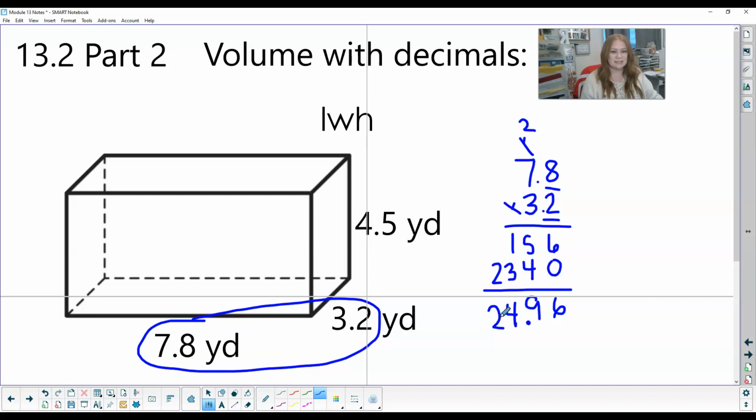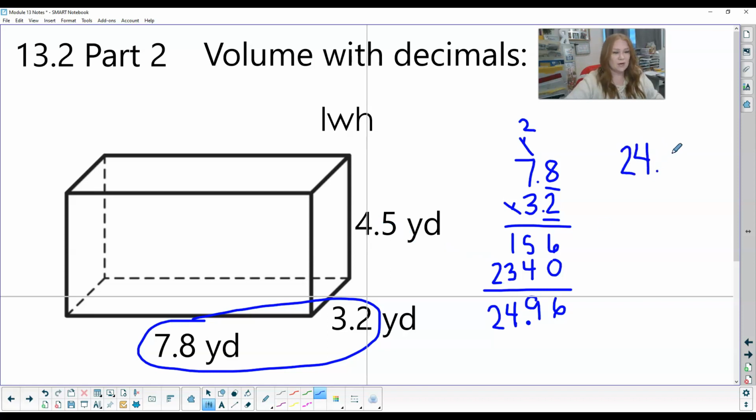This makes sense. Okay, so now I'm taking 24.96 and I'm multiplying it 4.5 times bigger. So just to think, right, this is about 25 and I want it 4 times bigger, right? 25, 50, 75, 100. This should be about 100 when I'm done with it.